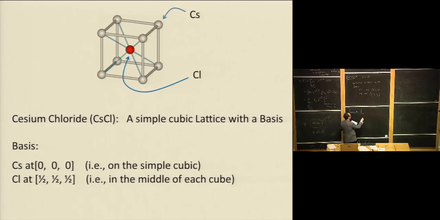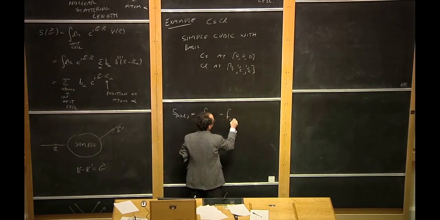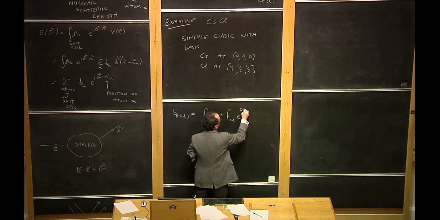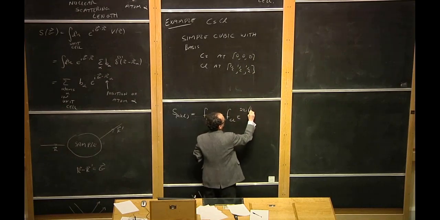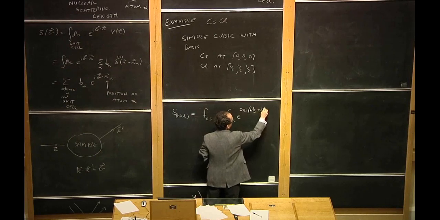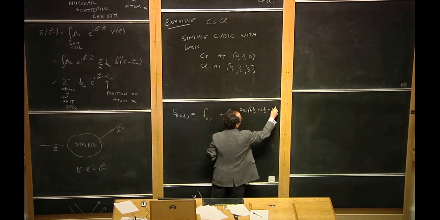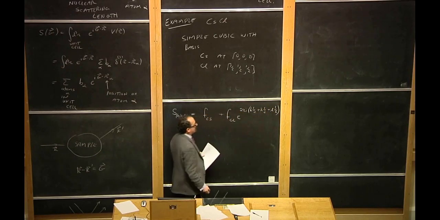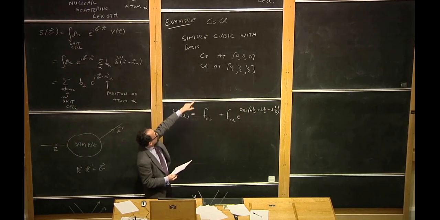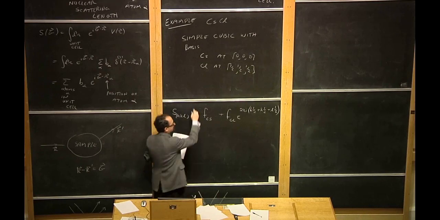And the second term will be f chlorine times e to the 2 pi i, and then we have h times 1/2 plus k times 1/2 plus l times 1/2, plugging in the position of chlorine, u, v, and w all being 1/2 for chlorine.